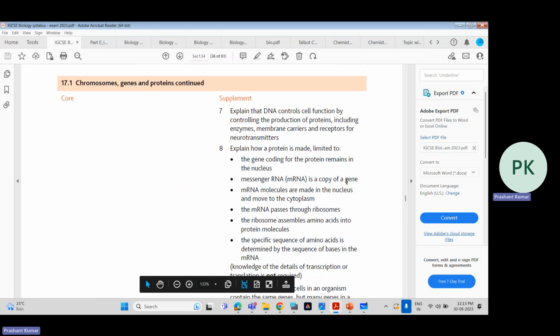Messenger RNA is a copy of a gene. mRNA molecules are made in the nucleus and moved to the cytoplasm. The mRNA passes through the ribosome and the protein molecules are assembled, then a specific sequence of amino acids is formed, which is going to form protein in the cell.